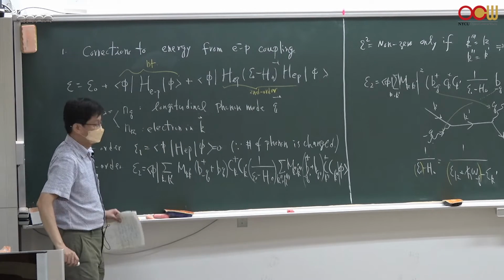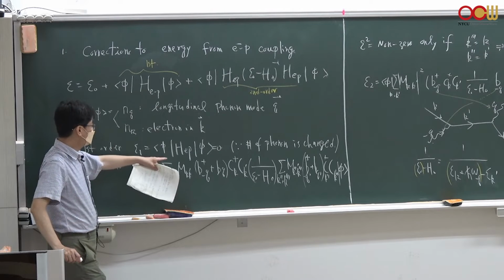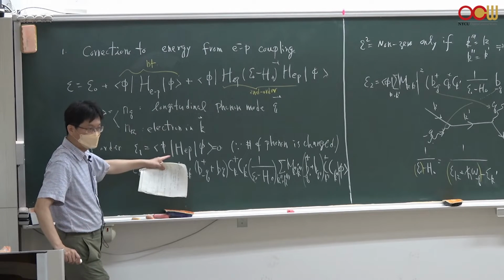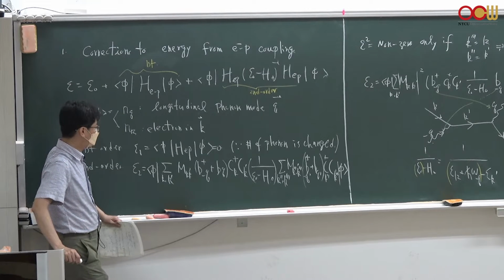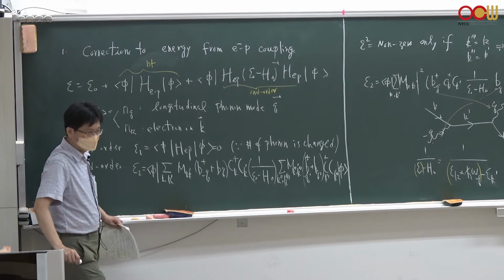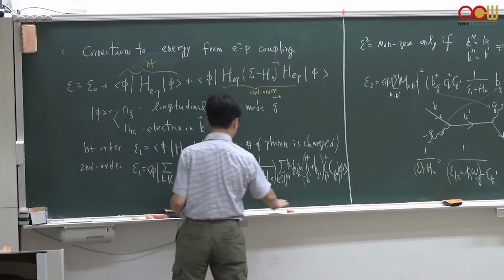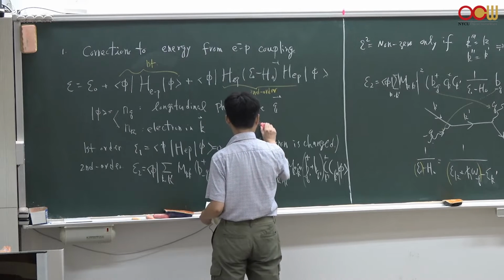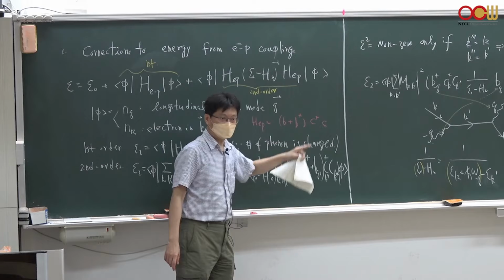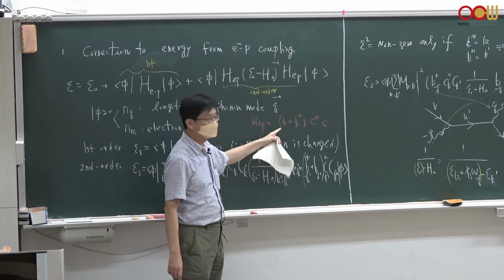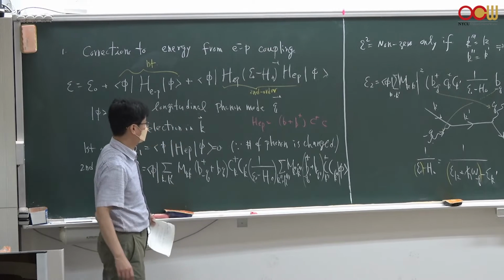Let's calculate the first-order correction to the energy, which is the expectation value of H_EP sandwiched by the unperturbed ground state phi. As we already mentioned many times, H_EP has the form of electron-phonon coupling, proportional to the C dagger C density operator coupled to the creation or destruction of a single phonon, B plus B dagger.